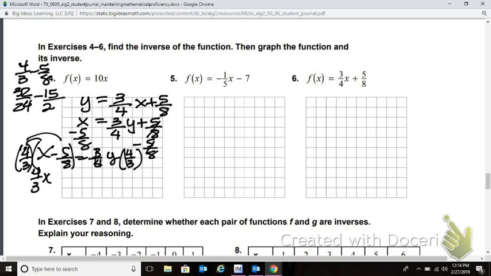So it'll give us 15 over 24. 32 minus 15 is 17 over 24. Okay, so that will be, positive times negative is negative 17/24 equals y. And instead of the y, let's go ahead and just call it f to the negative 1 of x. That's your inverse function notation.